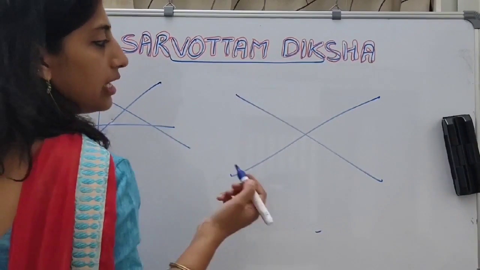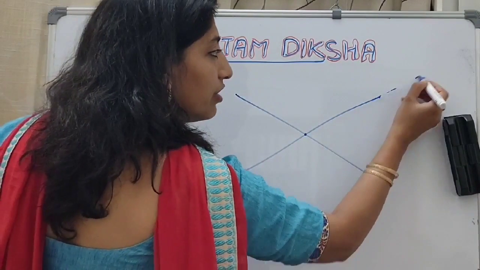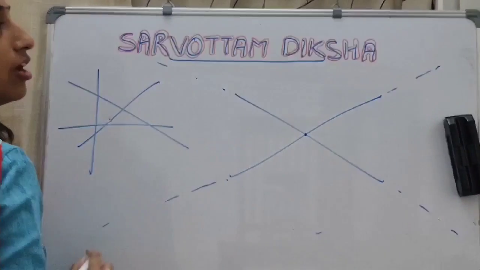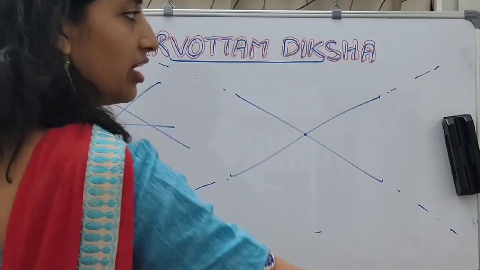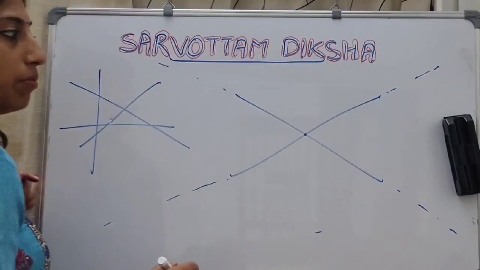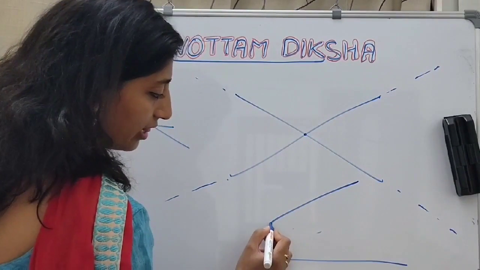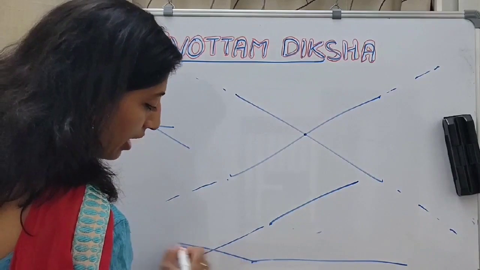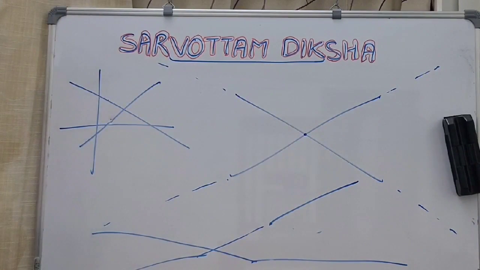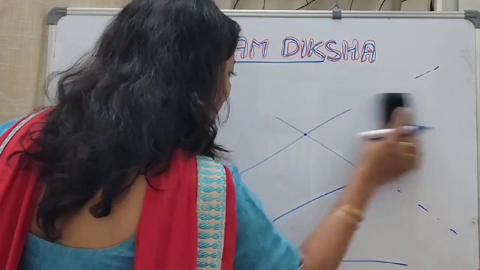See, this is the point where two lines are intersecting and they are diverging at both the ends. Even if I extend it for 1 kilometer or 2 kilometers, it will never merge again. So two lines can meet at a maximum of one point only. So for two equations, I can have one and only one solution.